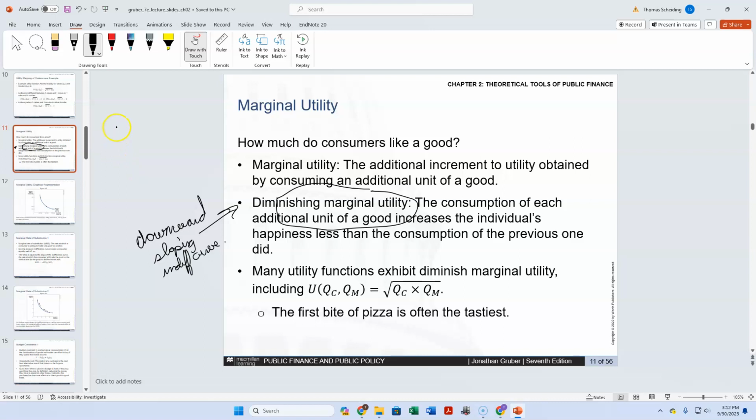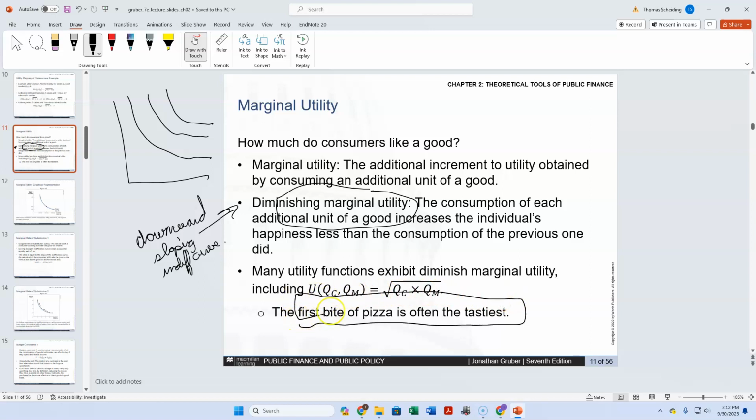And it does cause its shape as well, where it's steep and then gets flatter, steep and then gets flatter, steep and then gets flatter. Hence, as it says right here, the first bite of pizza is the tastiest. The 50th causes you to vomit because you've eaten so much and you can't possibly eat anymore.